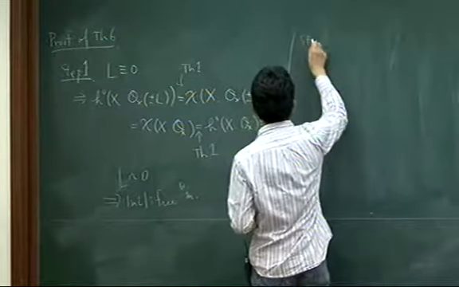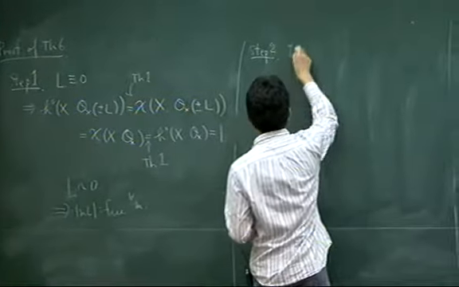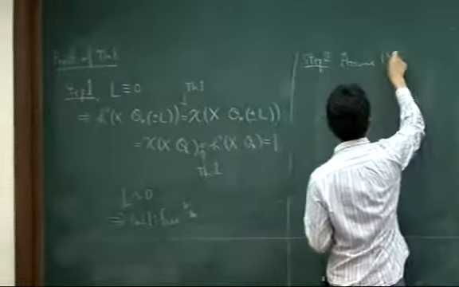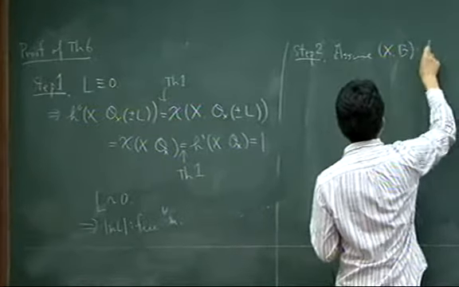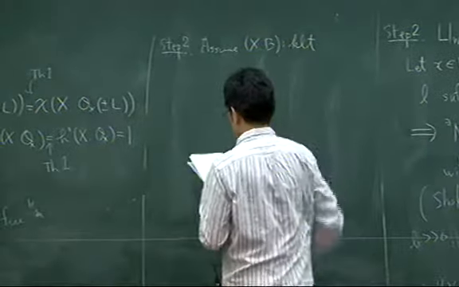So step 2. In this case, assume (X, B) is KLT, so there are no LC centers.